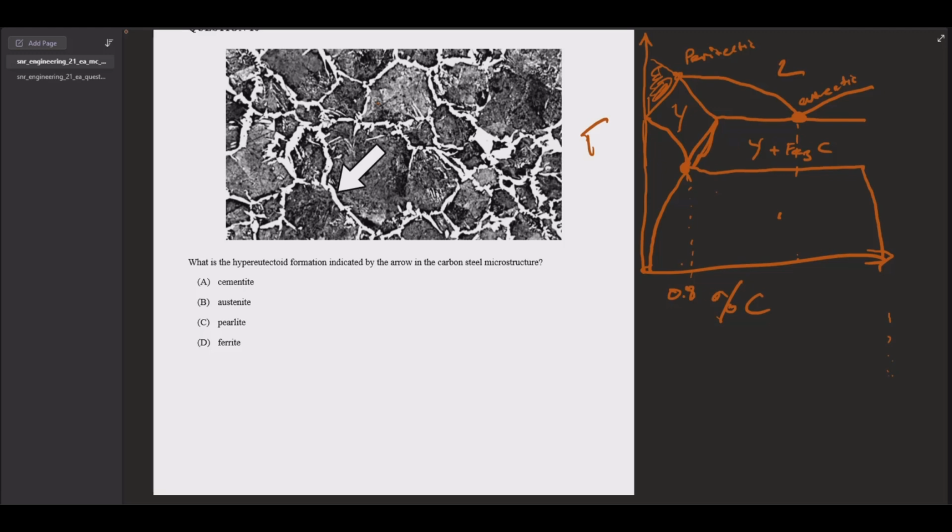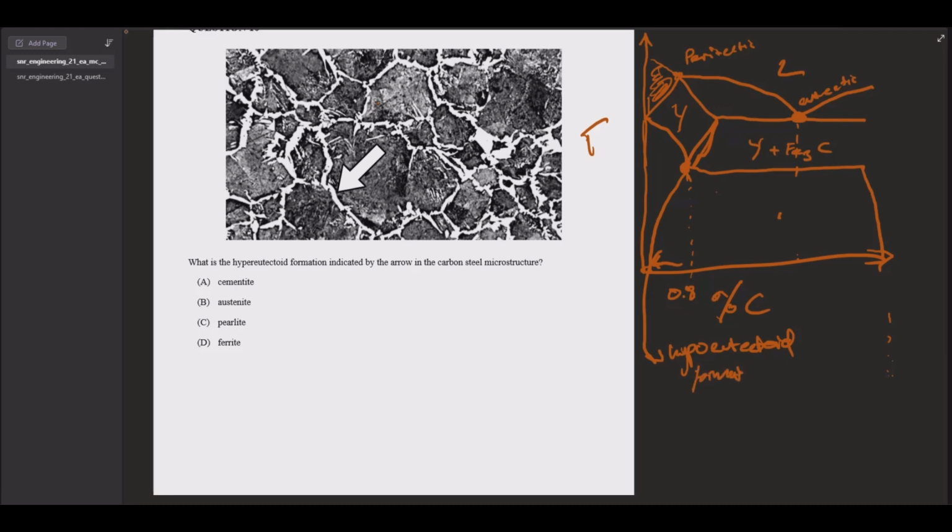And before this line, so this region over here, that is the hypoeutectoid formation. You're going to see hypoeutectoid, which is more similar to a ferrite microstructure, but you will see just small regions of perlite, but also a really thick grain boundary of ferrite as well.